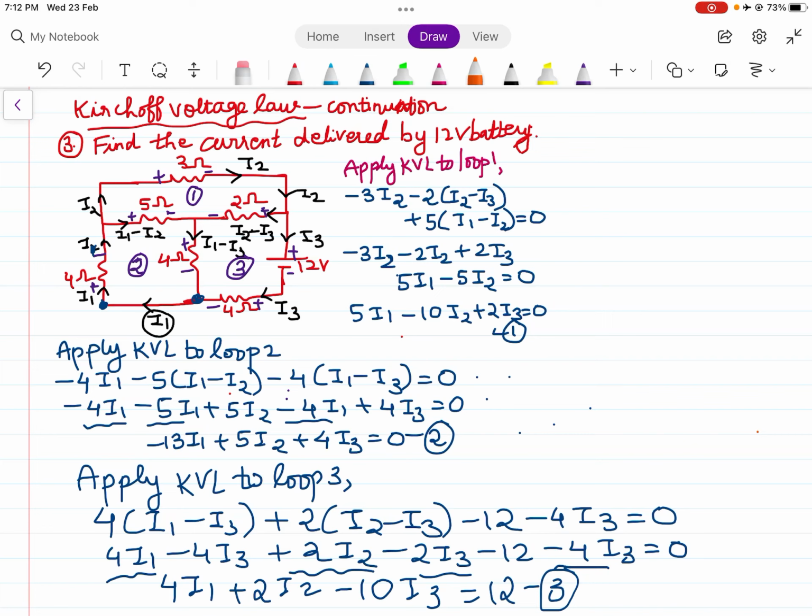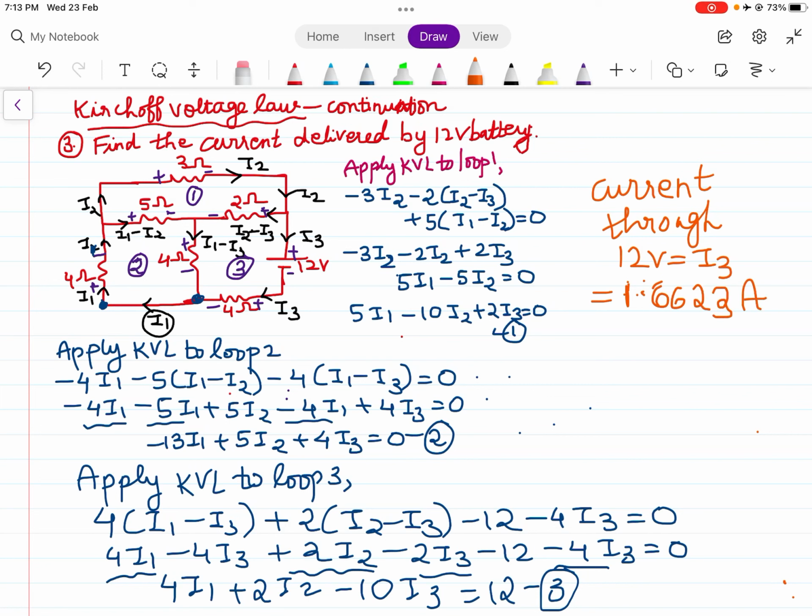So current through the 12 volt battery is I3, which is 1.6623 ampere in the upward direction, because the answer for I3 which we are getting is minus 1.6623 amperes.